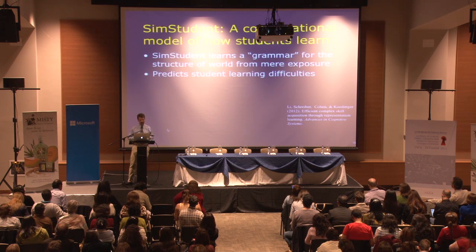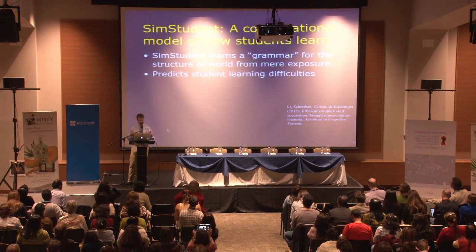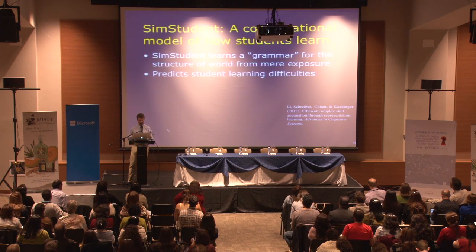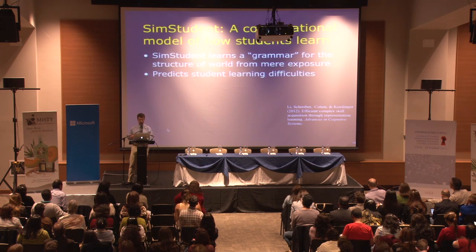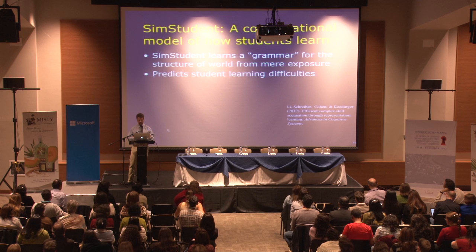So we have this system we call SimStudent, which is a computational model. It's a computer-based AI system that learns like students do. And in particular, one of its ways of learning is by observing the structure of the world it's in, like an algebra world in one of our tutors.